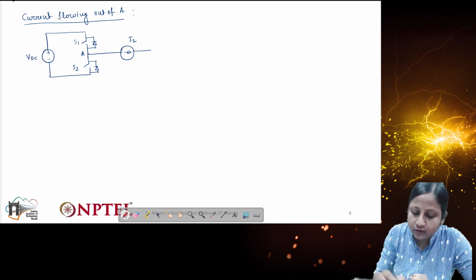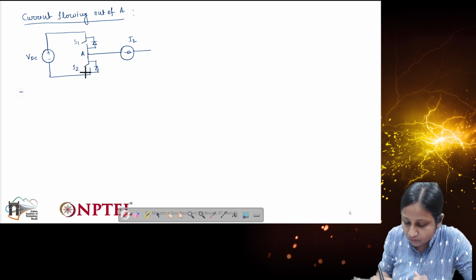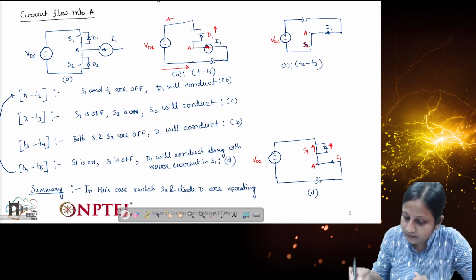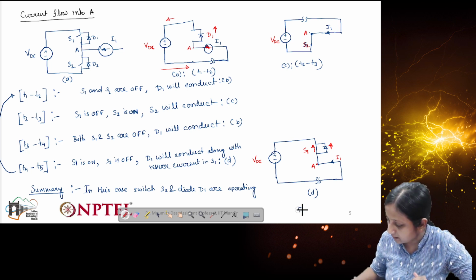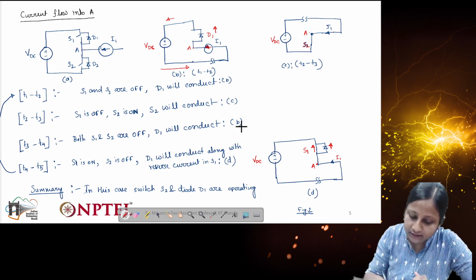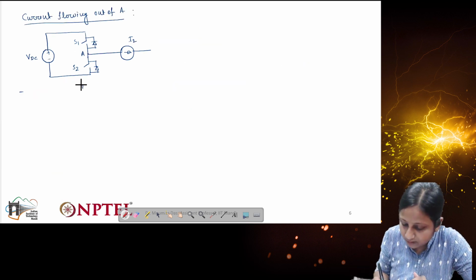Now how will the operation be for a similar time duration? The previous figure I can represent as figure 2, so A, B, C, D are with respect to figure 2. In the next case, let's represent this as figure 3A.